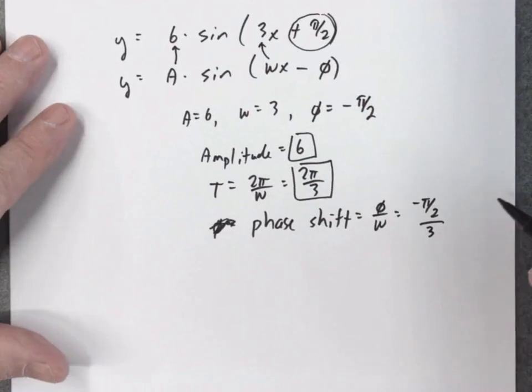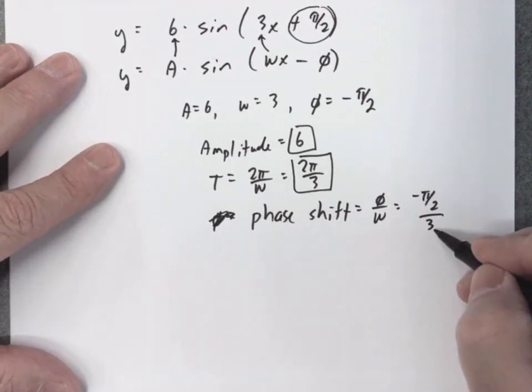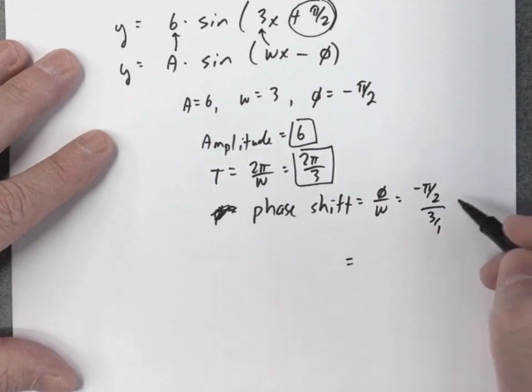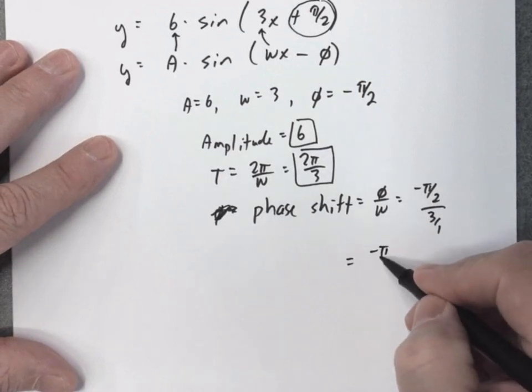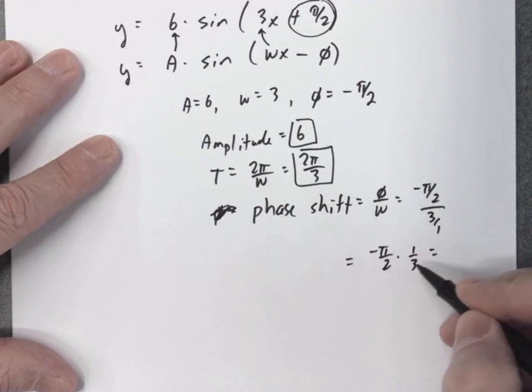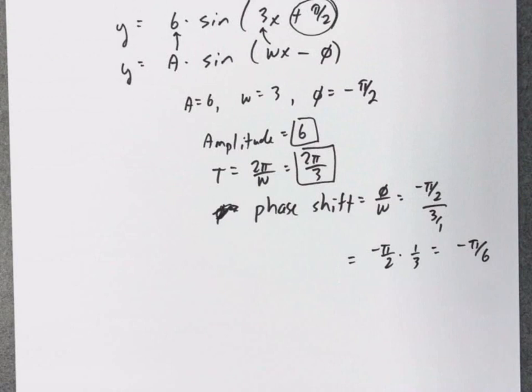So once again, here's a complex fraction. If you don't know the shortcut, you can always make it one fraction over one fraction, then you write the top fraction multiplied by the reciprocal of the bottom fraction. And for the phase shift, you get negative pi over 6.